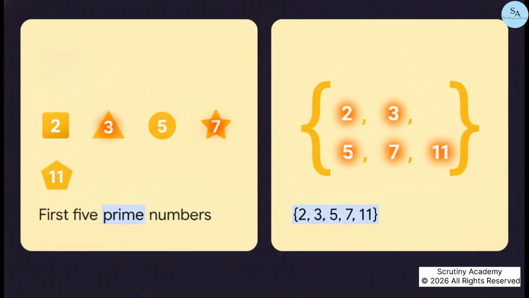And this brilliantly illustrates how the notation works in practice. Let's take a mathematical example we solved a minute ago. If we want to write a set of the first 5 prime numbers, we just apply our curly brackets. It is written beautifully as open curly bracket, 2, 3, 5, 7, 11, close curly bracket. The rule is well defined, the elements are totally distinct, and the notation is perfect.